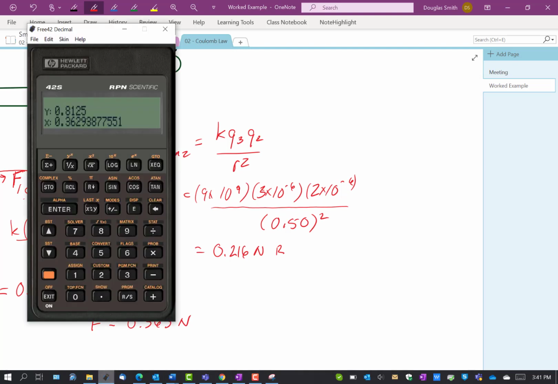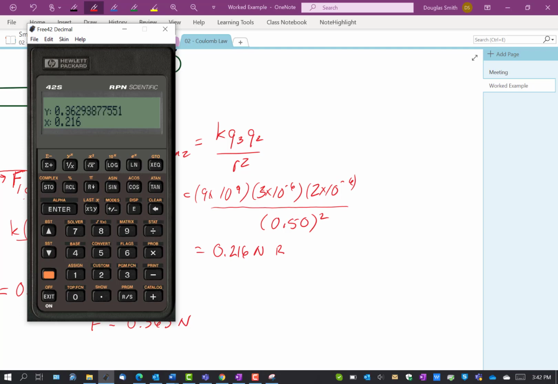So I could calculate it like this: 9E negative 3, then times 3, times 2, divided by 0.5 squared. Same number.